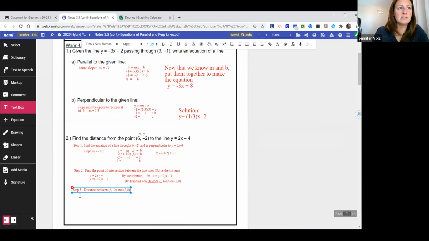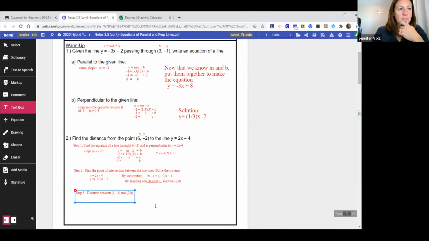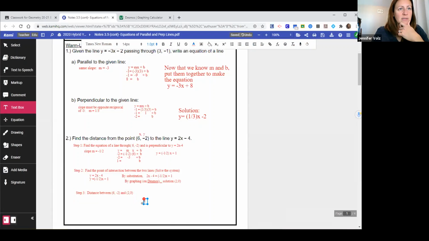And this is just distance formula. Now, distance formula is a little harder to show with the big old square root when we're typing. But I'm just going to put everything that's under the square root as typing, and then I'm going to basically draw in the square root afterwards. Why will it not let me move? Okay, here we go.